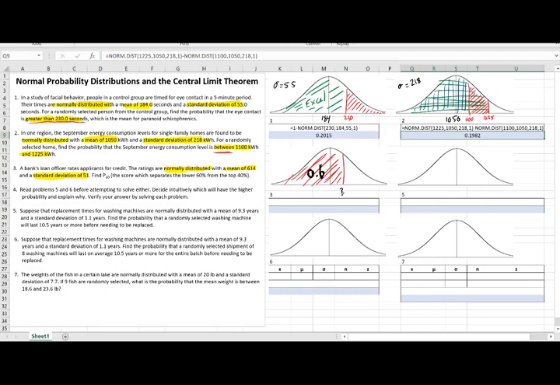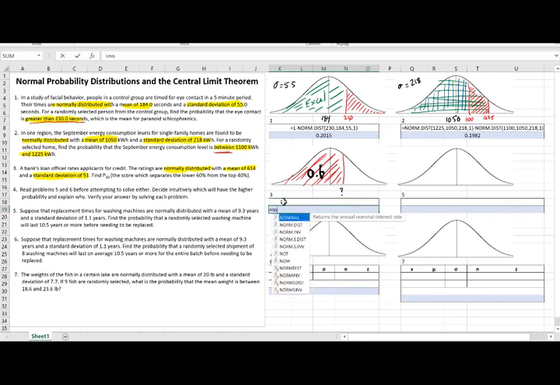So we'll use the Excel function NORM.INV for inverse. Equals NORM.INV. Now see, it says it returns the inverse of the normal cumulative distribution for the specified mean and standard deviation. Remember, probability and area mean the same thing in the context of continuous probability distributions.